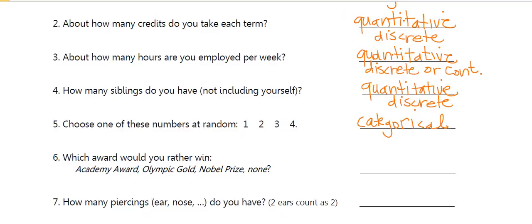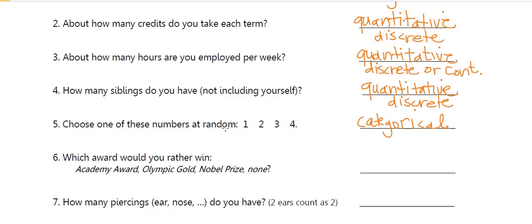So I would say this is categorical because there would be the number of people that chose a 1, a 2, a 3, or a 4. We wouldn't average these. Like a 2.3 doesn't really mean anything in this case. It's also not ordinal because even though it goes 1, 2, 3, 4, it's not implying any order to these numbers. It's just saying choose one of these numbers at random. So that's why I would call that one categorical.